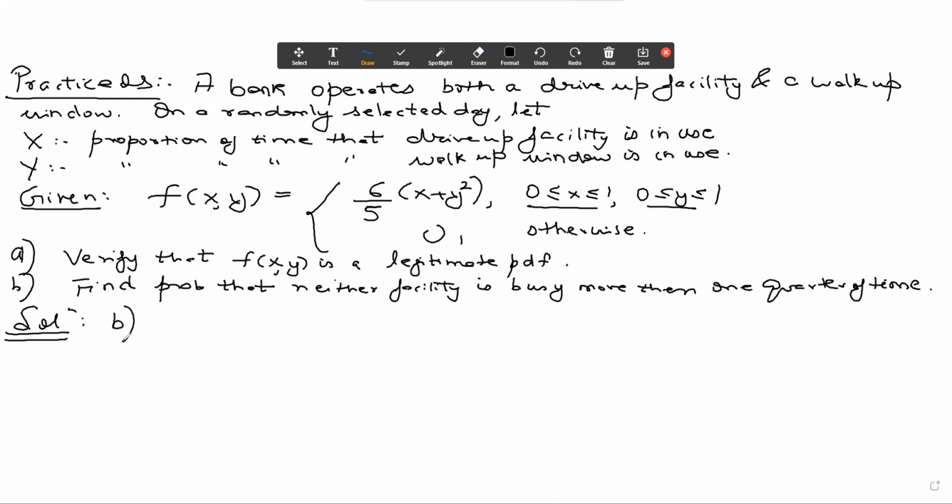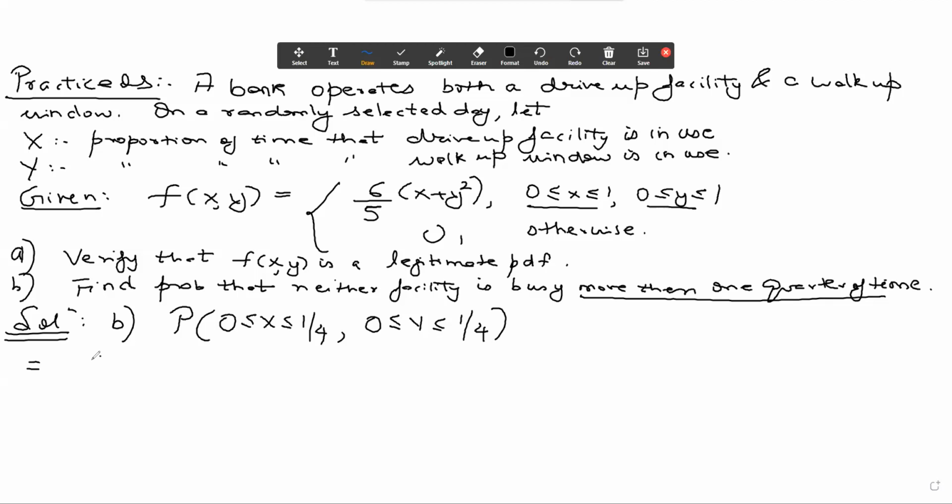In part B, they are asking us to find the probability that x takes a value less than or equal to 1/4. It means x lies between 0 and 1/4, because it should not be busy more than 1/4. And y also lies between 0 and 1/4.